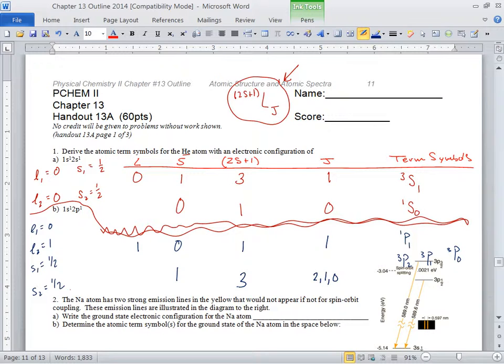How do you get to 1, 0 from J? J goes from L plus S all the way down to L minus S. Oh, I see.